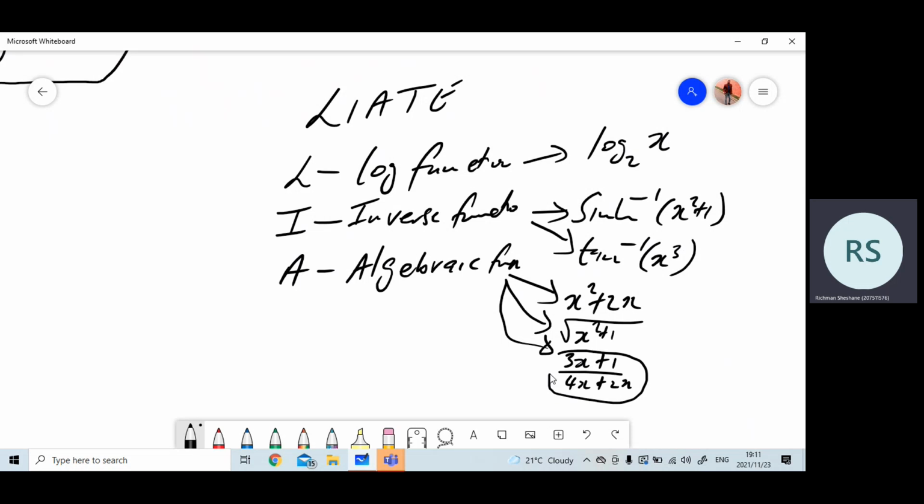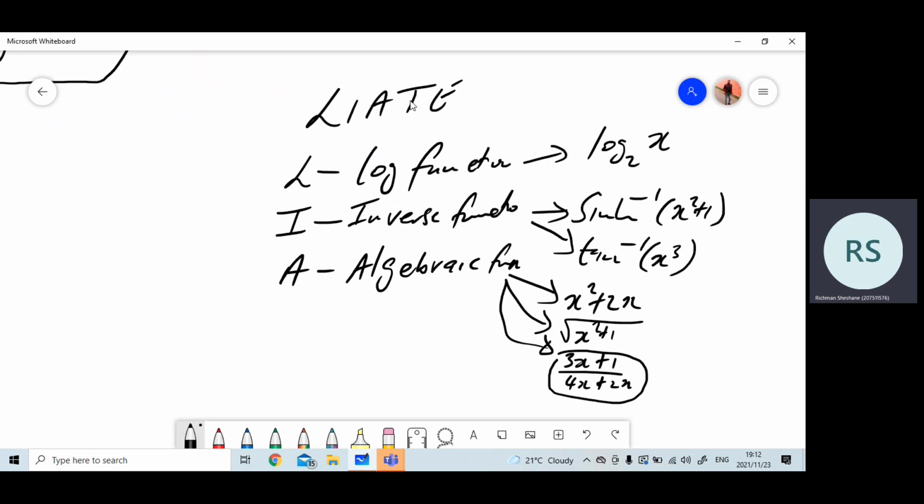A function over a function is still an algebraic function, or the square root of a function, or it can be a polynomial, x squared plus 2x. In this case, this is just a parabola. It can be a cubic graph. All those types of functions are algebraic functions.